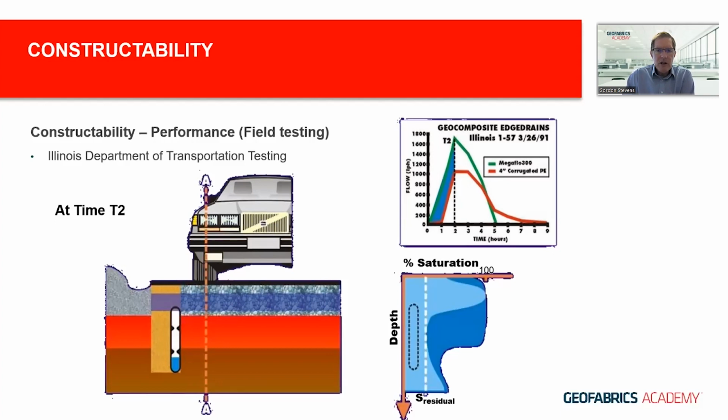In the case of Megaflo, the drain is working efficiently with only a small proportion of the pavement at a saturated state. Higher up in the pavement, the subgrade and subbase is essentially remaining in a dry state.